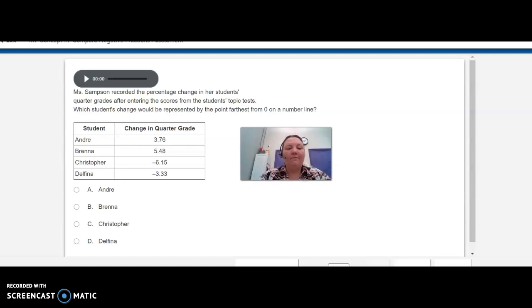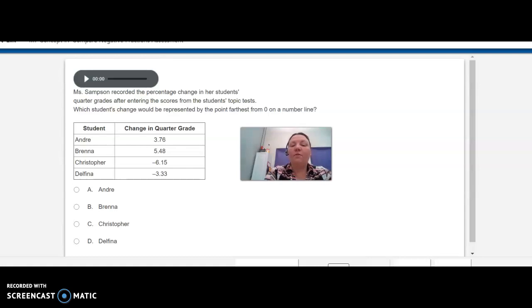So when we think about the word farthest, it does not mean biggest. It means the farthest from zero, which means we want to think about absolute value. The farthest point is referring to distance. And so when we think about that, Andre is 3.76 away from zero. He's to the right of zero. Brenna is 5.4 to the right of zero.